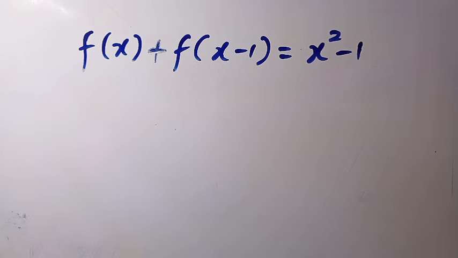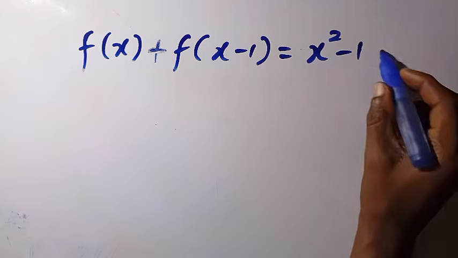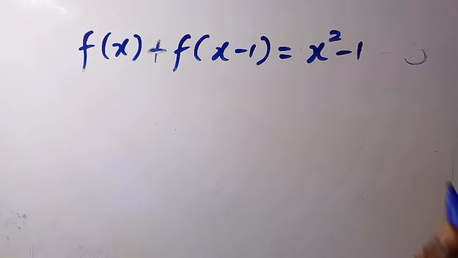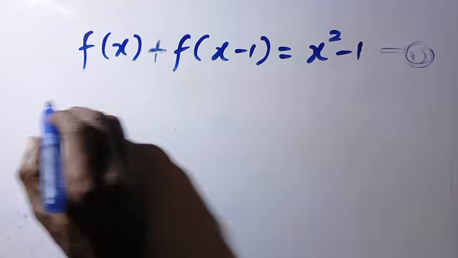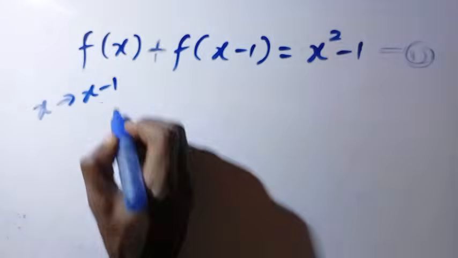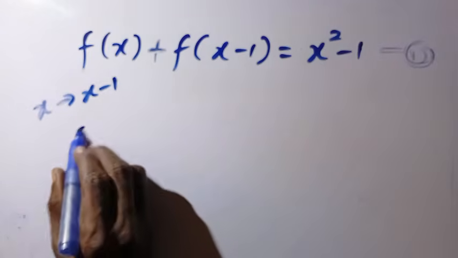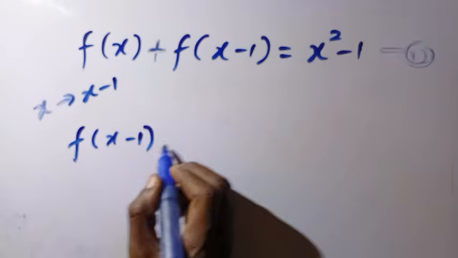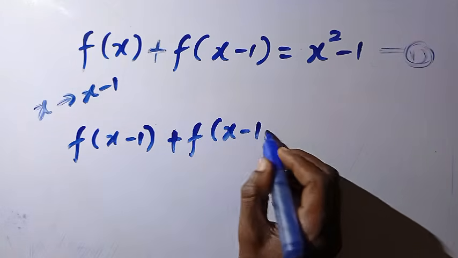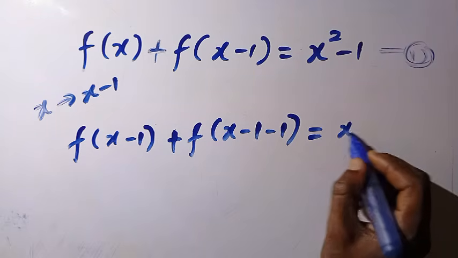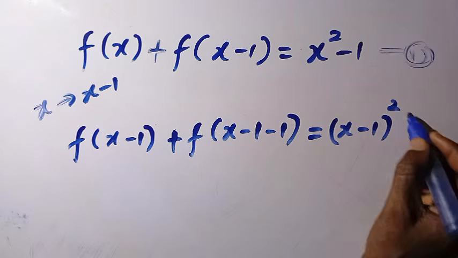All right, let's consider this beautiful step. Let's find some recurrence values from the given equation. Let's call this equation 1. If I replace x with x minus 1, then here we are going to have f of x minus 1 plus f of x minus 1 minus 1 equals x minus 1 squared minus 1.